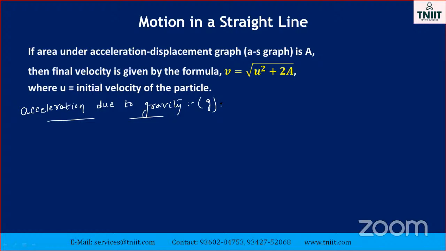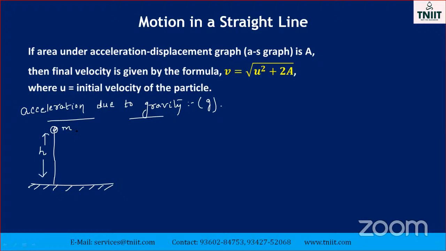Now, if I consider the Earth surface, from the Earth surface, if I go to a particular height, let us say I've taken a particle of certain mass m to a height h.